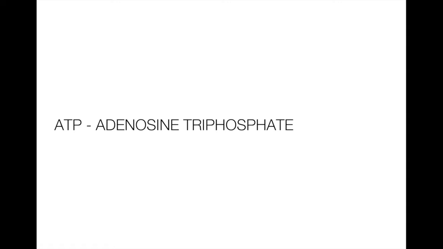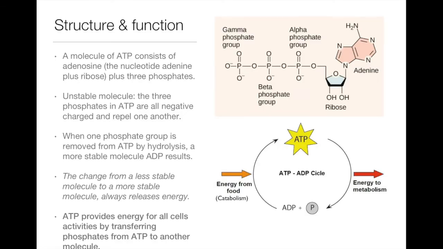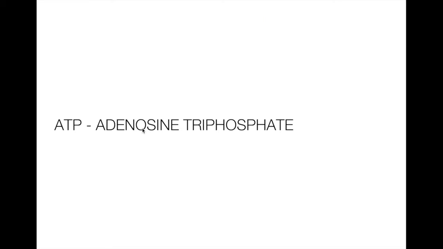Now, we have said that the energy currency in all cells is ATP. But what is ATP? Let's look at the structure first of all. A molecule of ATP, adenosine triphosphate, consists of adenosine and triphosphate.